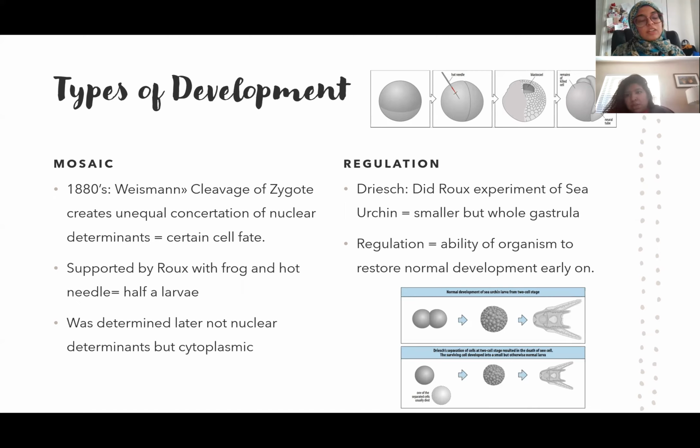No, it's dependent on the organism. We talked about evolution, descent with modification. So with those modifications, the sea urchin is able to do this, while the frog is more dependent on mosaic development rather than regulation. Okay, so these aren't just theories. These are legitimate types of development that you see in living organisms. Yes, that's why we study multiple ones.